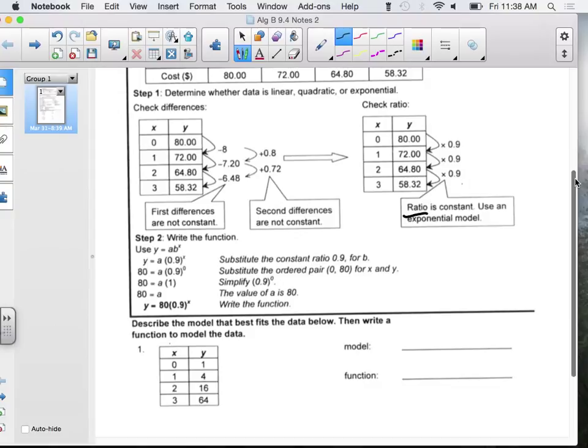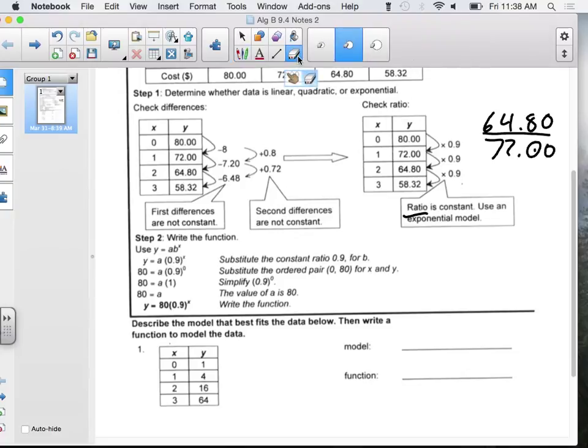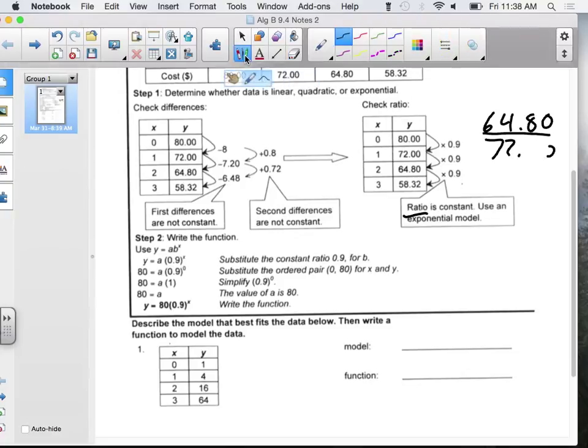Divide what? 64.8 by 72. So you did 64.80 over 72.0. And did you get 0.9? Yeah, so that's how we find our constant ratio.